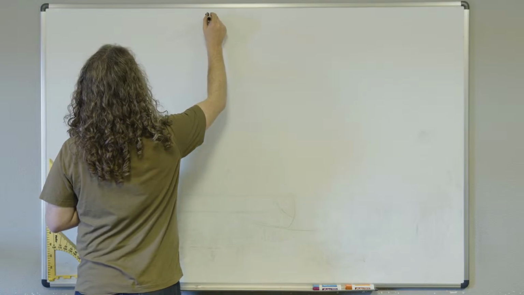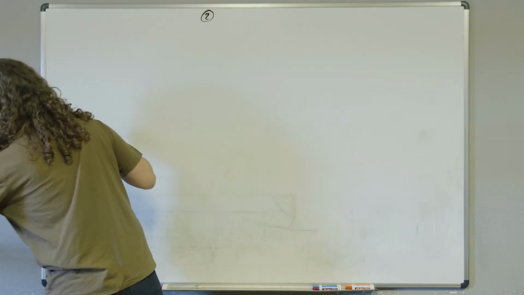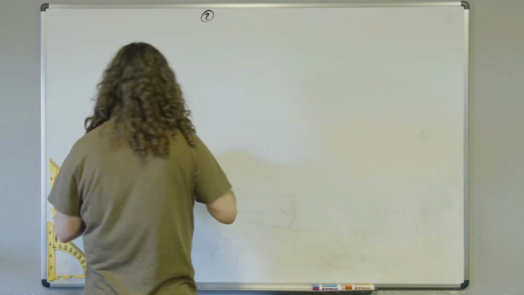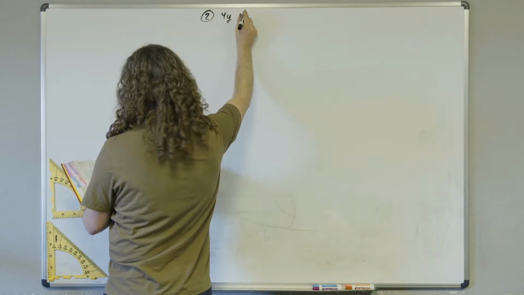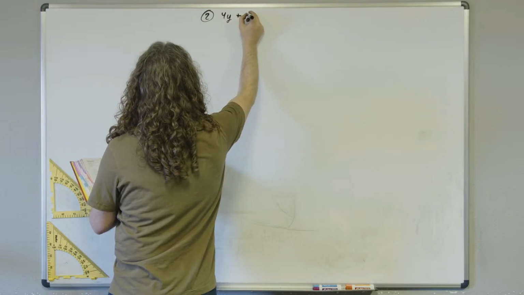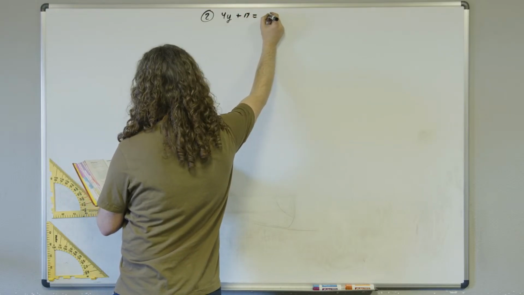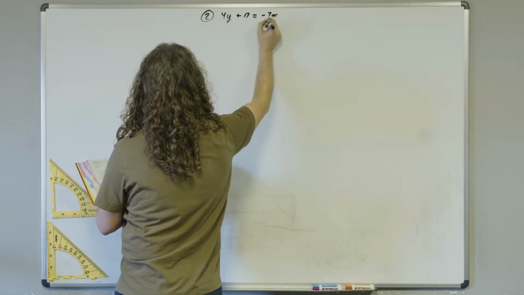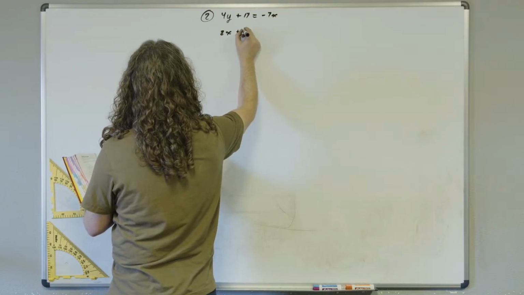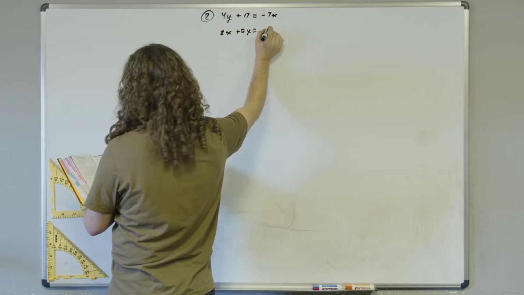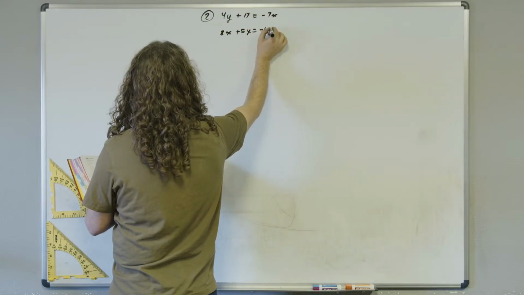Numero dos. We've got 4y plus 17 equals negative 7x, and 8x plus 5y equals negative 19.